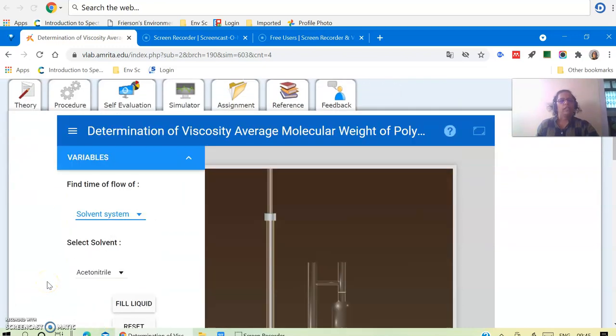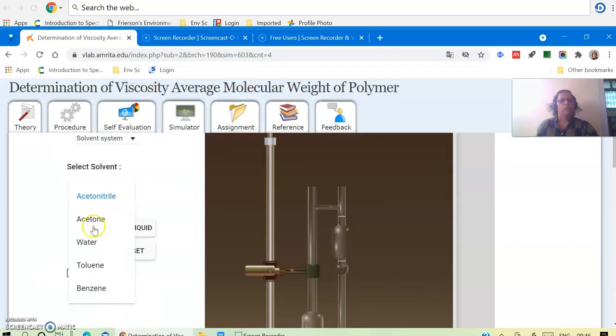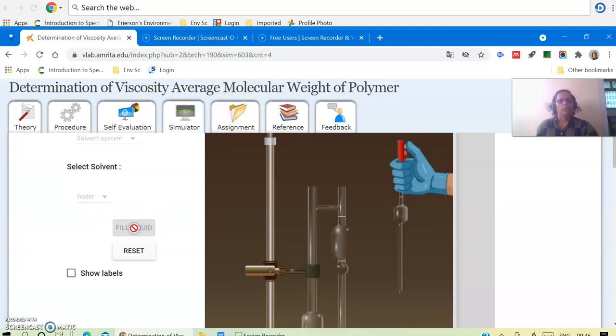Let us select the simple solvent, say water. See here, all the 5 solvents are there: acetonitrile, acetone, water, toluene and benzene. So I'll select water. Then you will click on fill liquid.